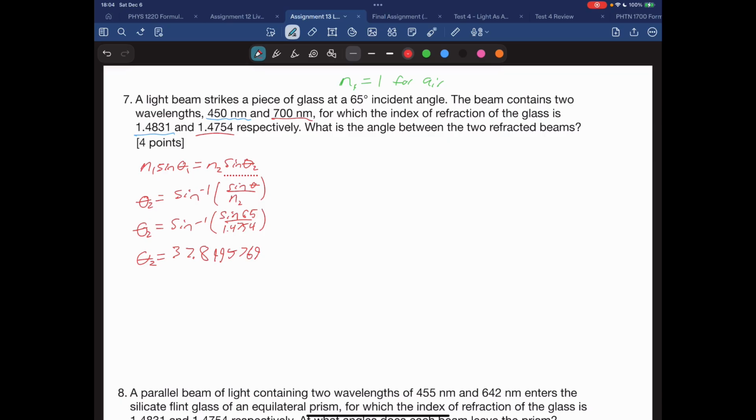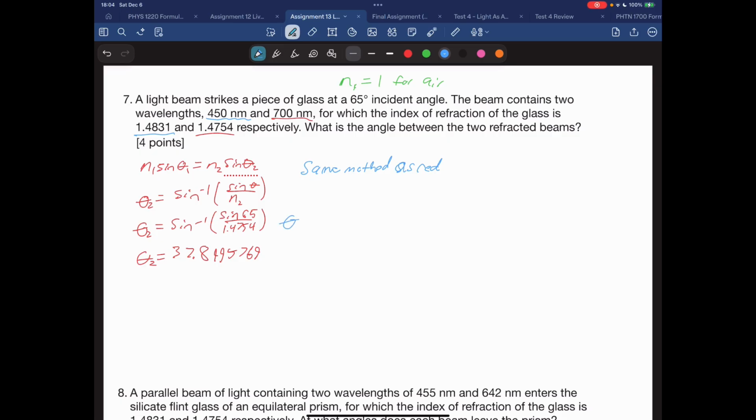And for blue, we end up doing the same, same method as red.